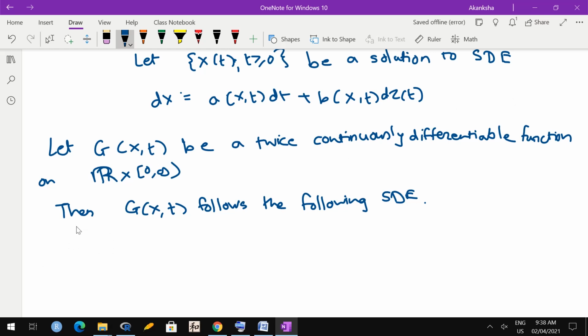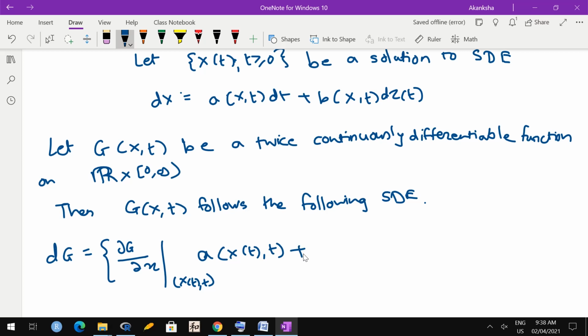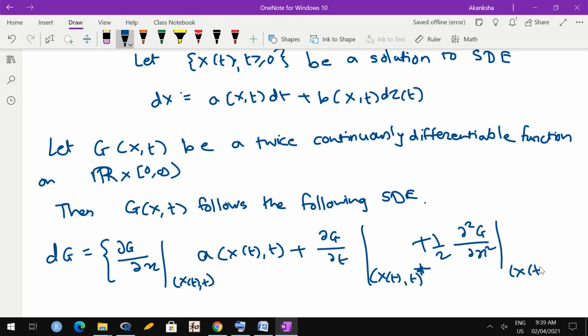G is a function of x, and x follows some equation, so g follows this: dg = {∂g/∂x evaluated at (xt, t) times a(xt) + ∂g/∂t evaluated at (xt, t) + half ∂²g/∂x² evaluated at (xt, t) times b²(xt)} dt.